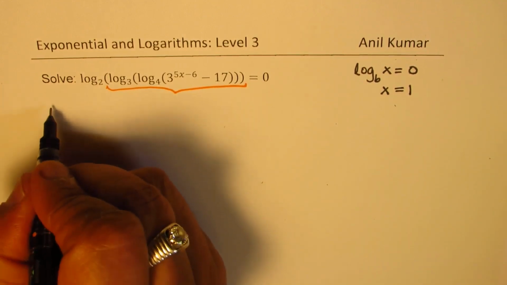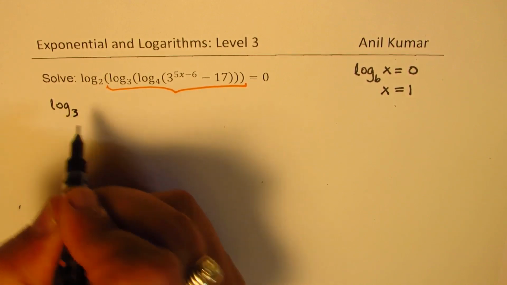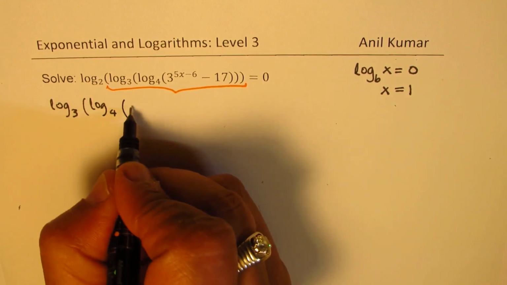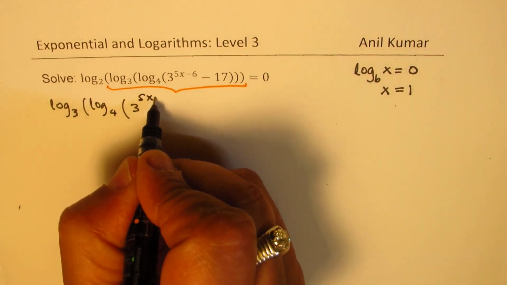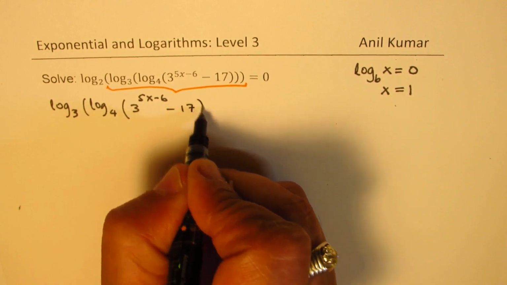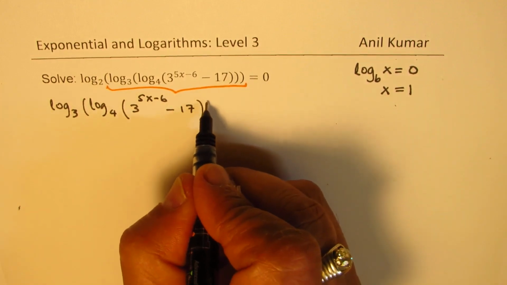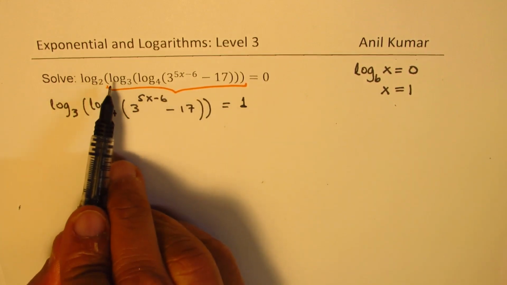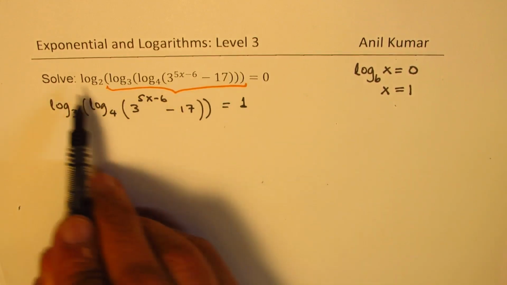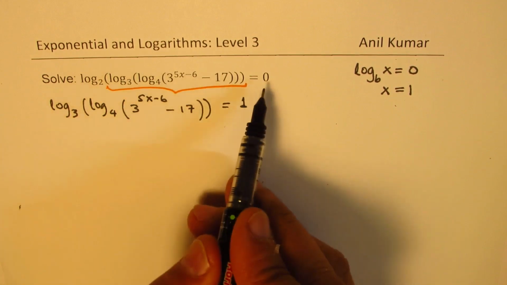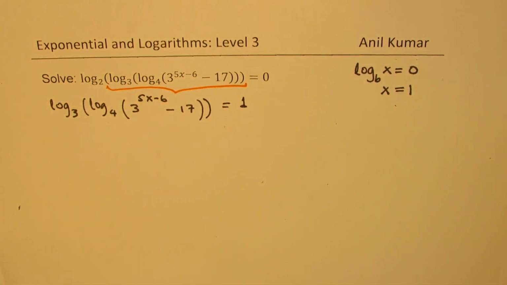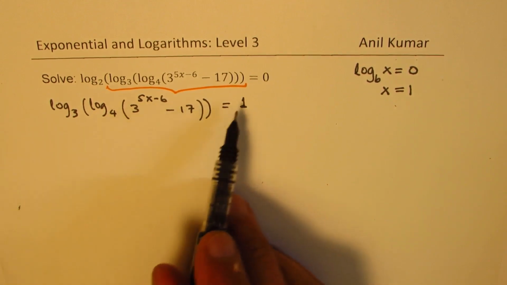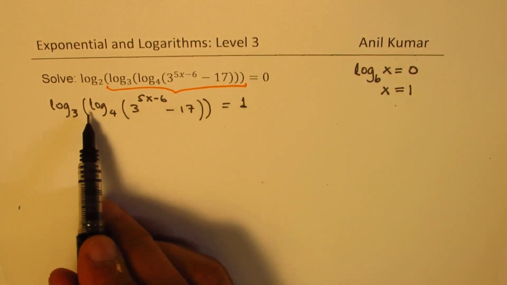So that basically means that log to the base 3 of log to the base 4 of 3 to the power of 5x minus 6 minus 17 should be equal to 1, correct? So only when all this is equal to 1, then log to the base 2 of 1 will be 0. Perfect. Now, we can convert this to an exponential equation. So 3 to the power of 1 should be all this.